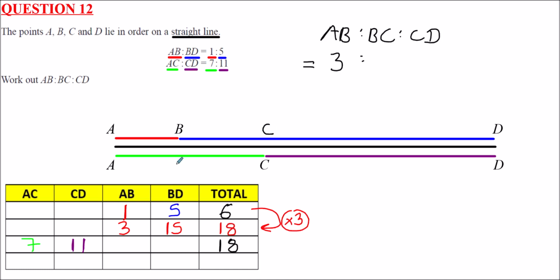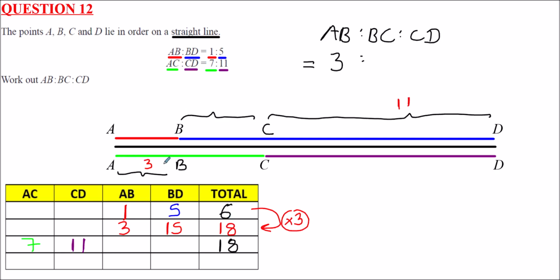So we know that from A to B is 3 pieces. From C to D is 11 pieces. So we can have this on as well. That's 11. And the total number of parts we've made to be 18.